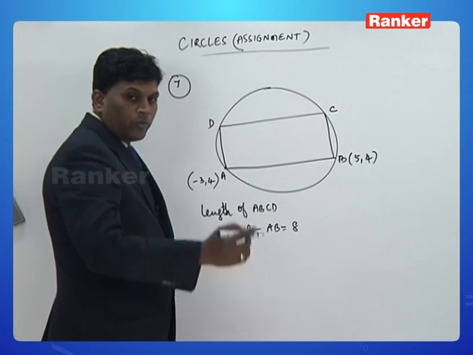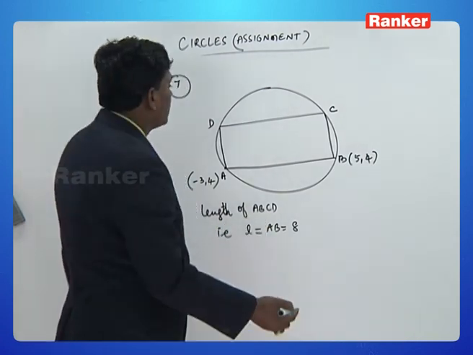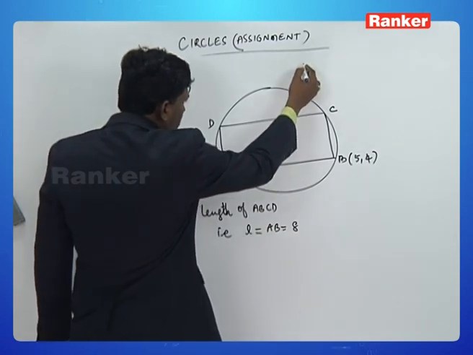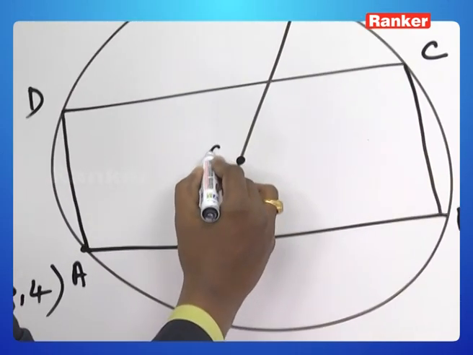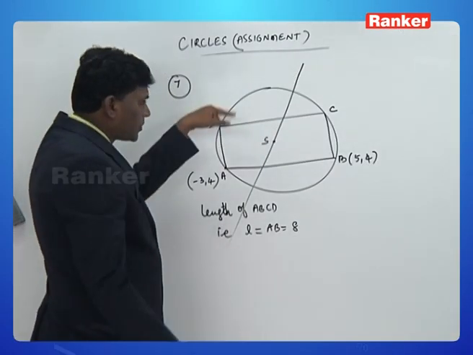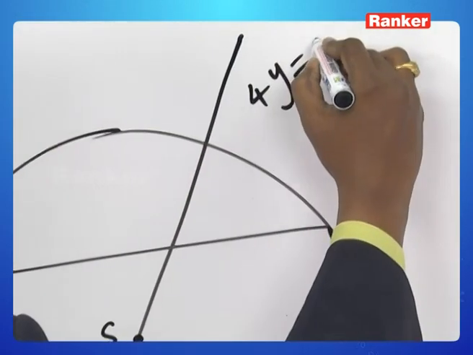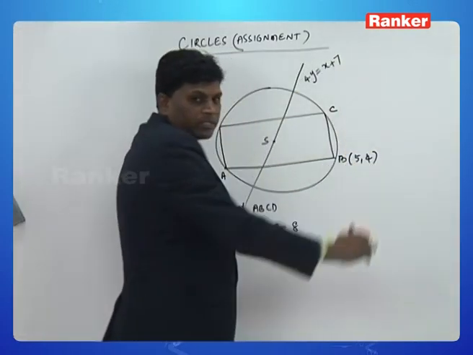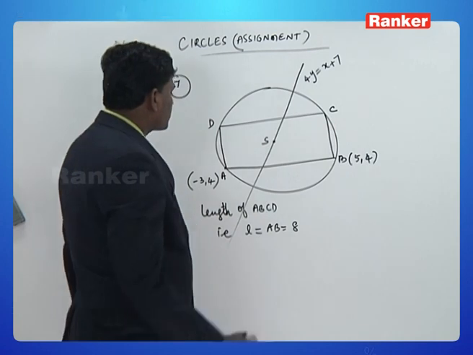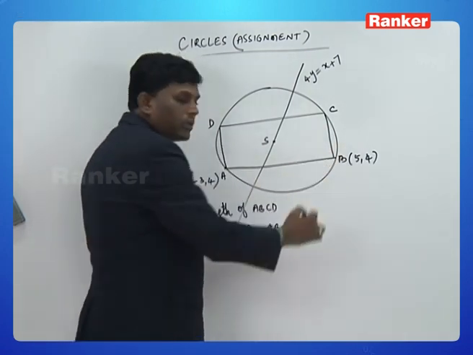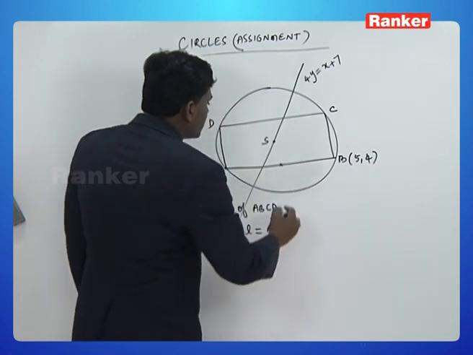Here, 4y equals x plus 7 is a diameter. Now, let us choose the diameter as this line. This line is passing through the center. Now, this equation is 4y equals x plus 7. This is a diameter. Because we know both of these coordinates A and B, we can get its perpendicular bisector also.